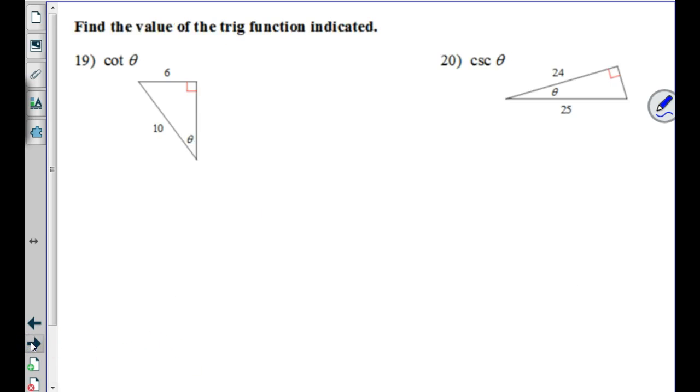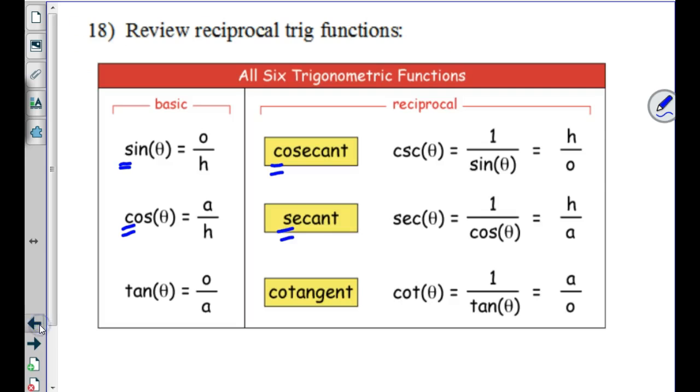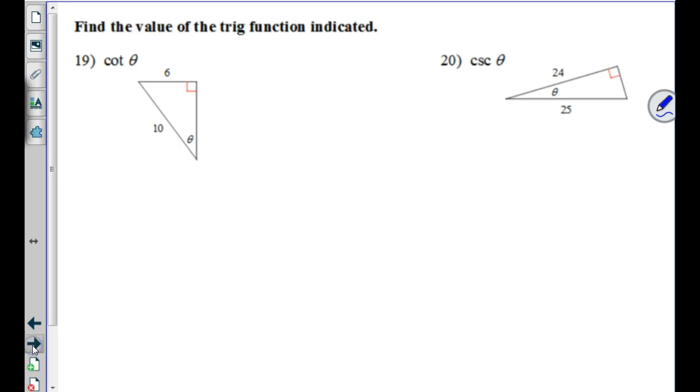Hope you're remembering that stuff. Anybody else trying to write these down? We good? They are on the back, like I said, of your reference sheet, which you will get to use on everything except the unit circle quiz. Okay.